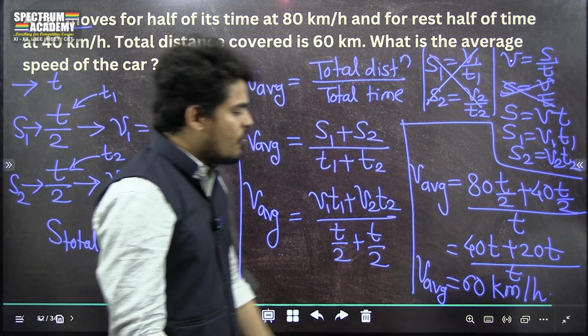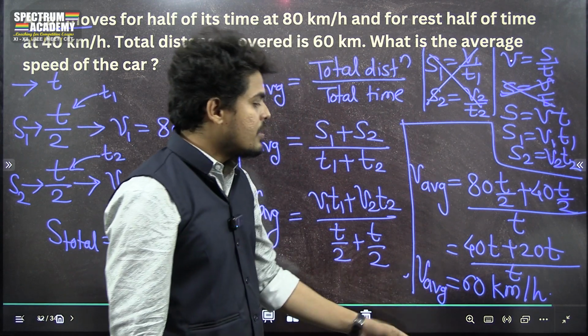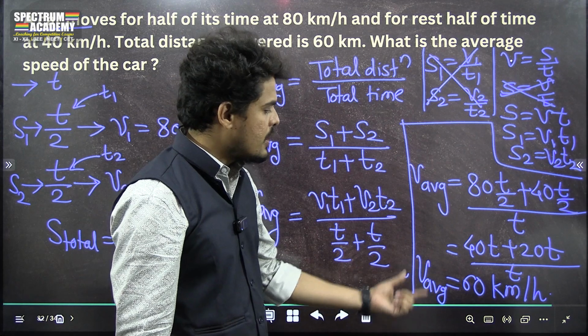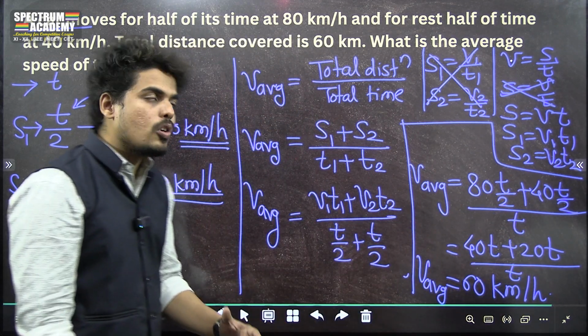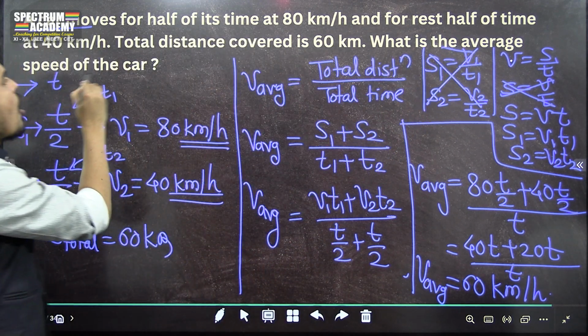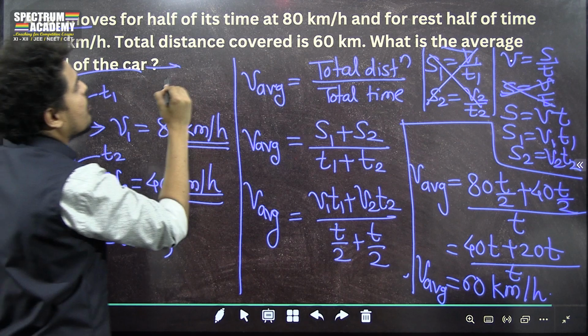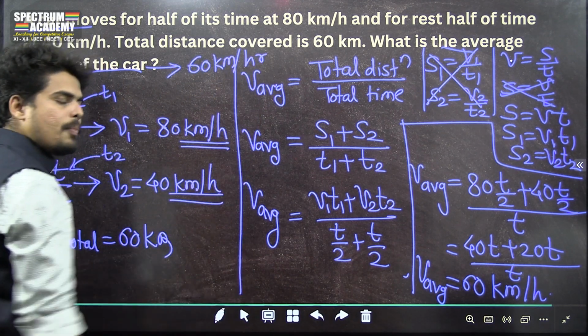So the unit for the final average speed, that means the magnitude of the velocity, is 60 km per hour. So the resultant average speed of the car is nothing but 60 km per hour.